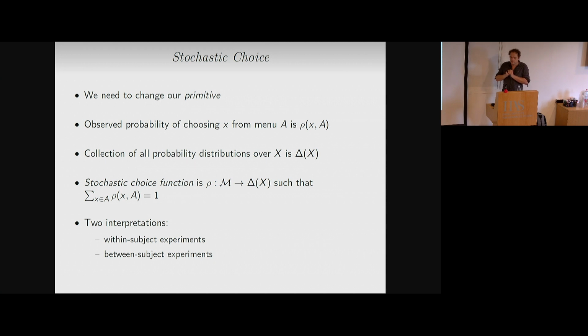Let delta X be the set of all probability distributions over X. A stochastic choice function is a mapping from menus to probabilities over X, such that the probability that something from the menu will be chosen is 1. So you can't choose anything outside of the menu. That's the same requirement as before. It's just now probabilistic. I don't insist that you choose the same thing all the time, but whatever you choose has to sum up to 1.